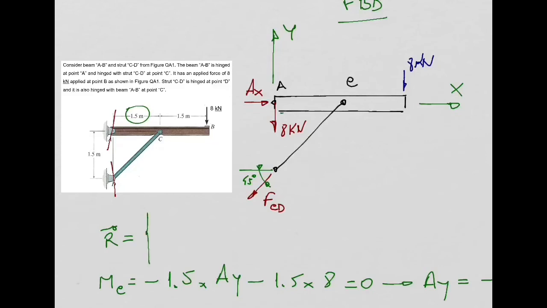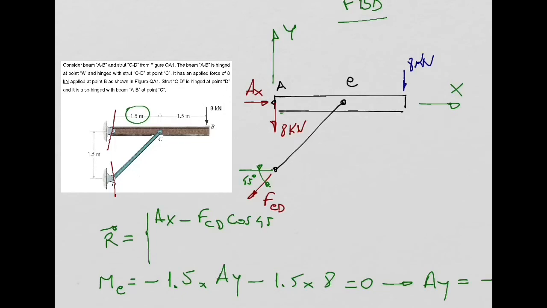Now the resultant of the forces. What are the x components? What do I have in the x direction for the forces? Ax. What else? Do I have anything else in the x direction? Positive or negative? Minus FCD cos of 45.